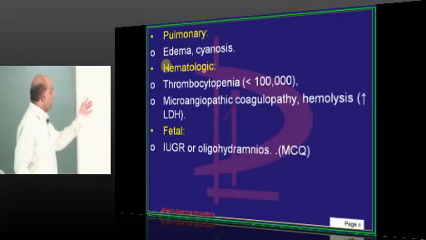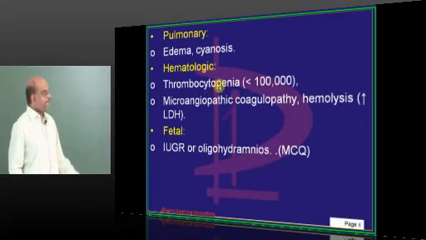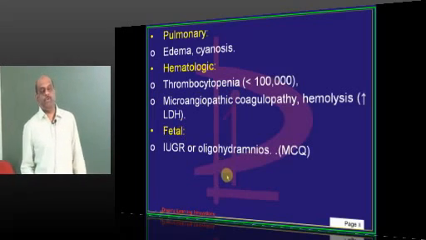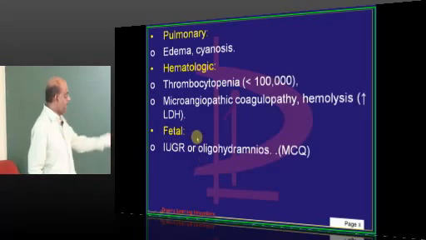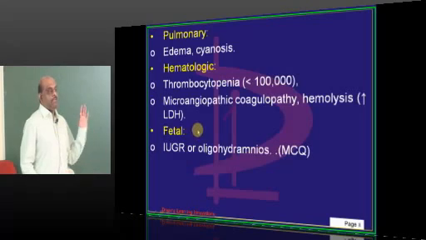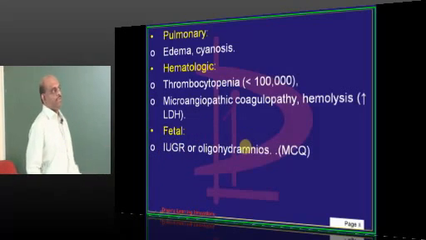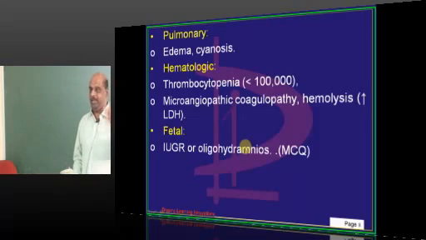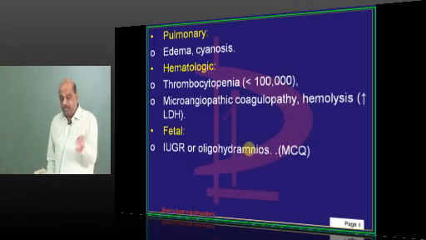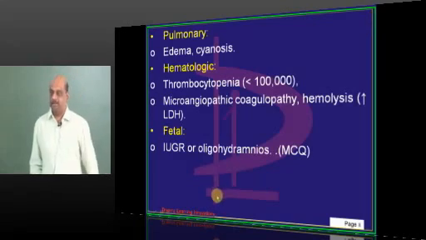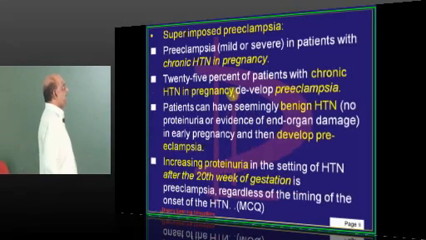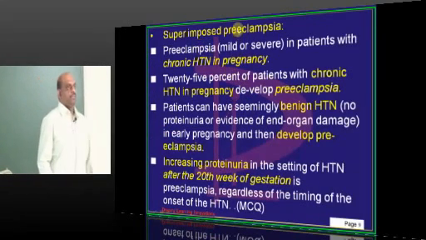Patient can have pulmonary edema. Hematologically, there can be thrombocytopenia or a microangiopathic hemolysis with an elevated LDH. If you examine the fetus, it may develop IUGR or oligohydramnios when these are all attached with that high BP. Then you call it severe preeclampsia, is what needs to be remembered.